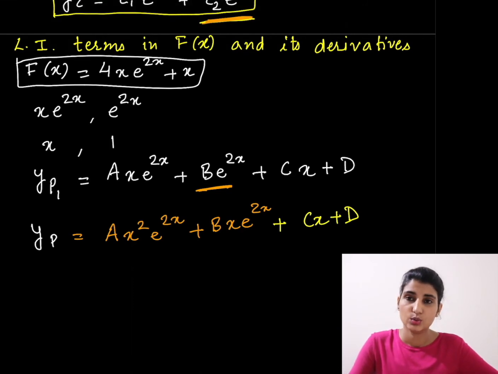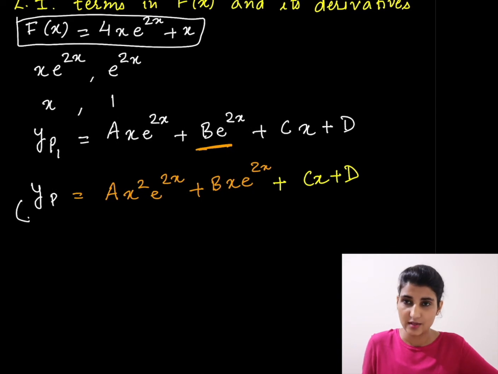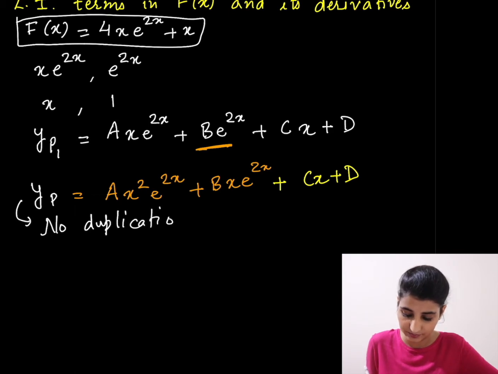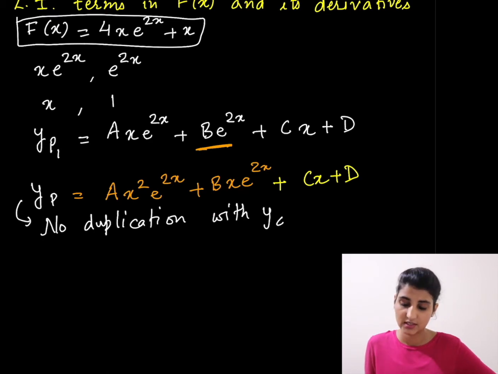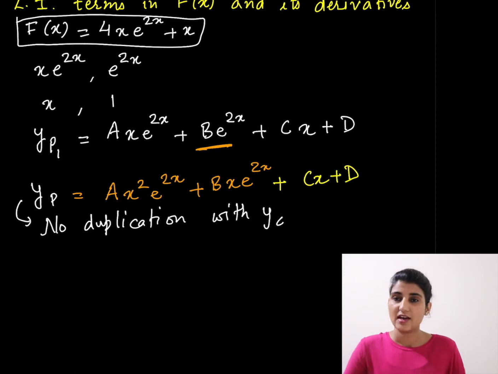Whenever you want to finalize your choice for yp, make sure there is no duplication with yc. In yc we have two linearly independent terms, e power x and e power 2x. In yp we have linearly independent terms x square e power 2x, x e power 2x, x and 1.